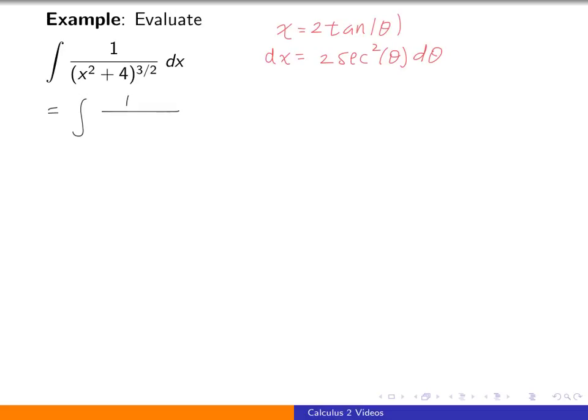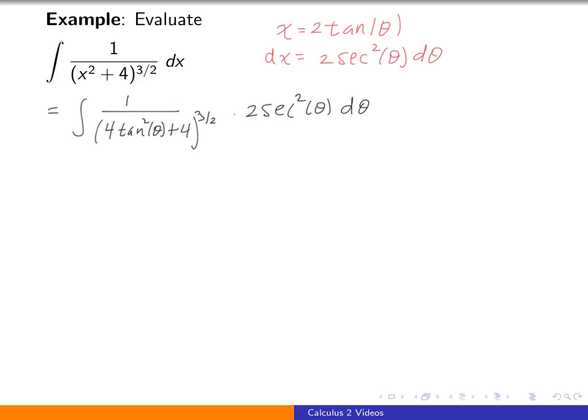So x squared plus 4 is going to become 4 tangent squared theta plus 4, raised to the 3/2. And then the dx is 2 secant squared theta d theta. Once we have applied the trigonometric substitution, we look at that term and we see a corresponding trigonometric identity we can use.